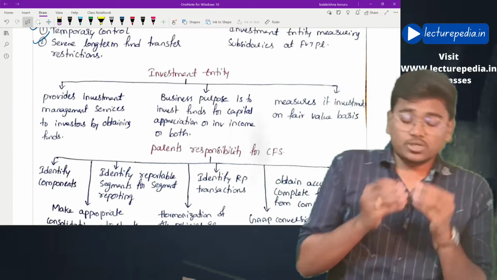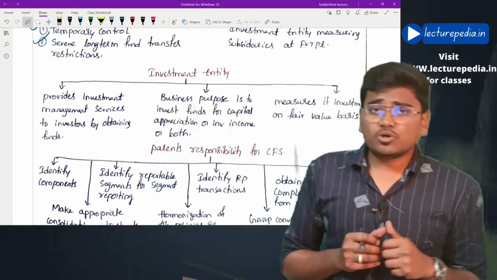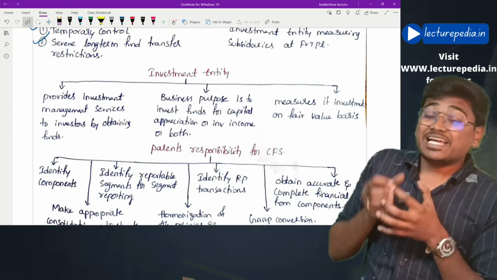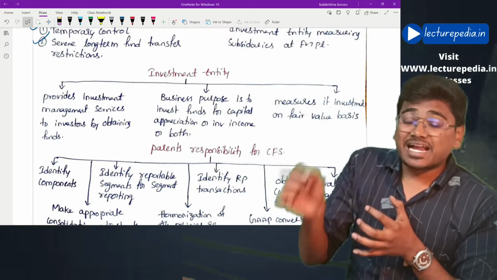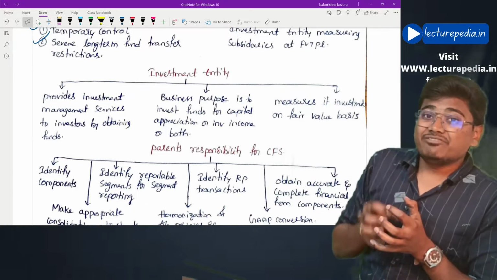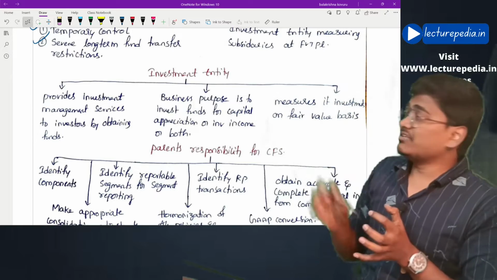See, now the main objective of the investment company is it will collect amount from the investors and it will provide investment management services to the investors. What it will do is it will take this amount and invest in various companies.